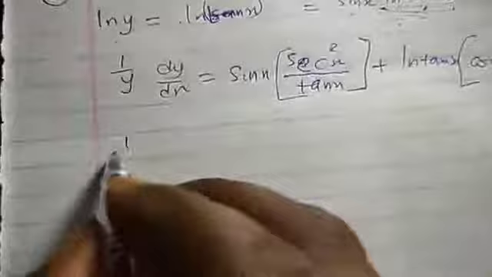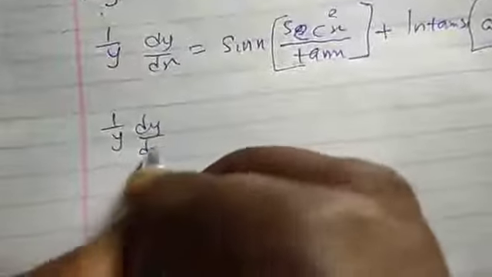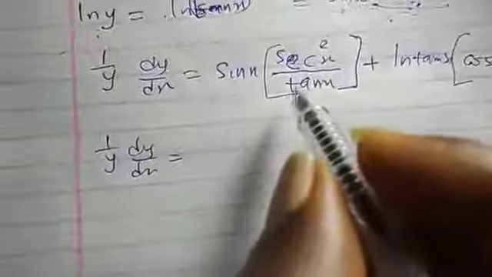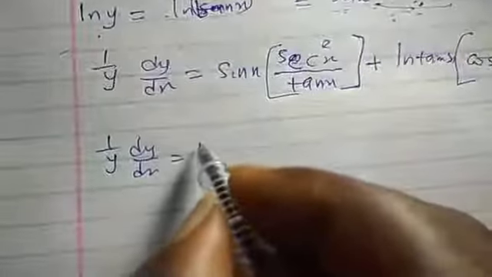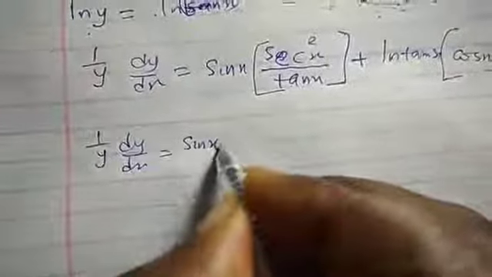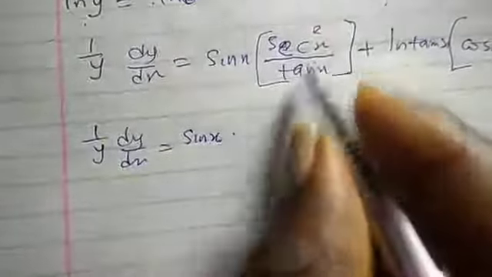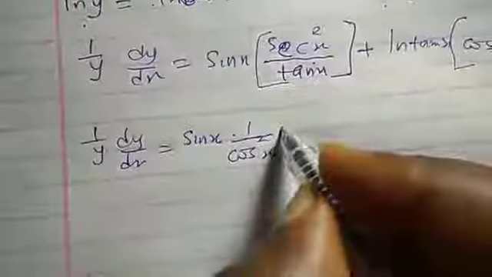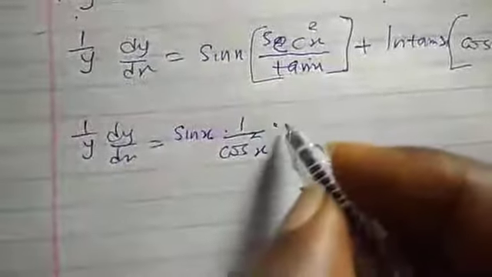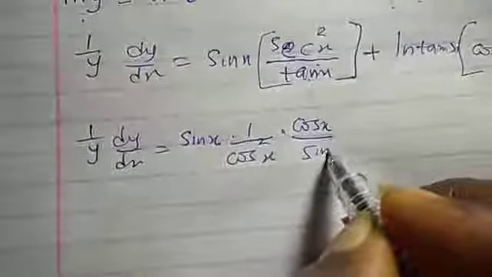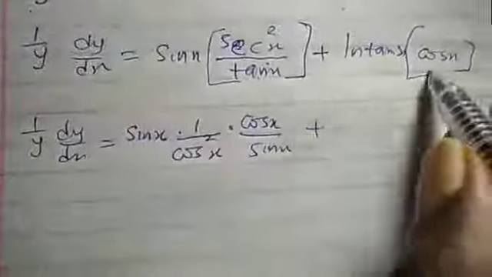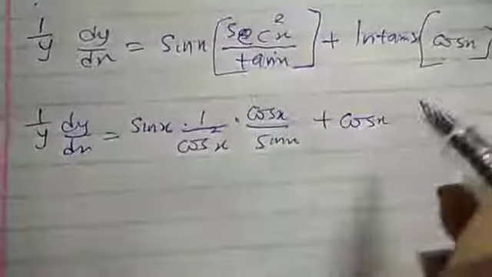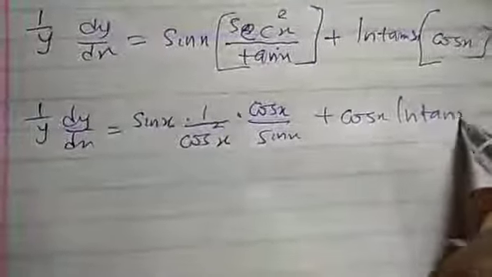So from that place, our 1 over y dy dx will now be equal to, if I expand this, sin x times sec square x, which simply means 1 over cos square x, times 1 over tan x, which simply means cos x over sin x, plus let me bring cos x here, cos x ln tan x.